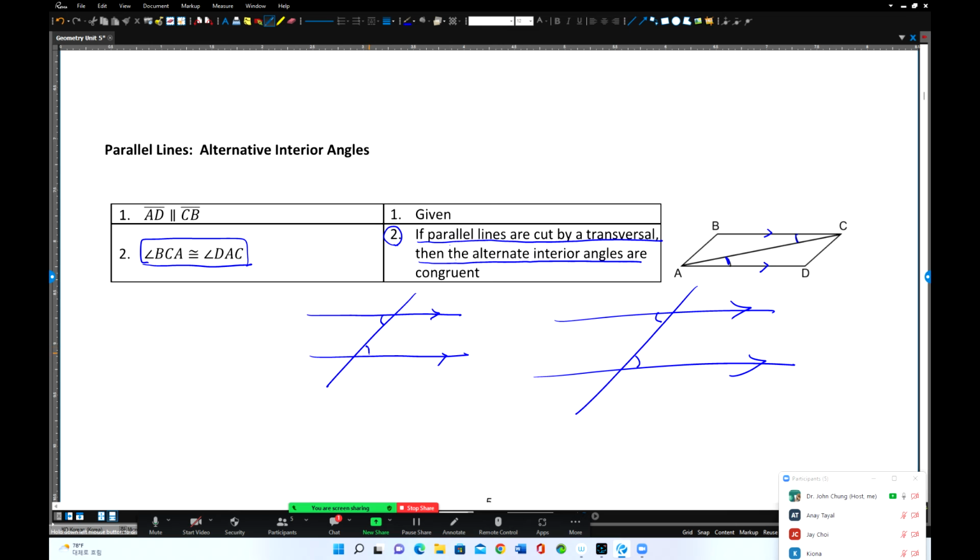This angle, interior angle, this angle. Alternate interior angles are congruent. That's the whole reason, you remember it. Many teachers like to use everything, or some teachers simply write alternate interior angles are congruent.